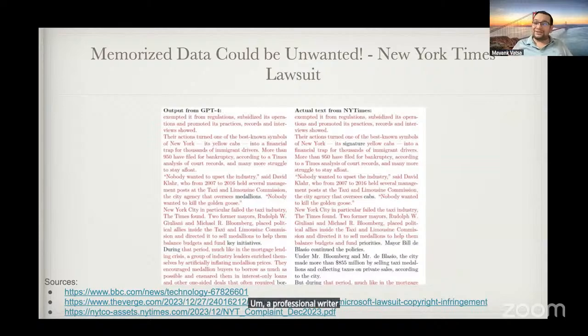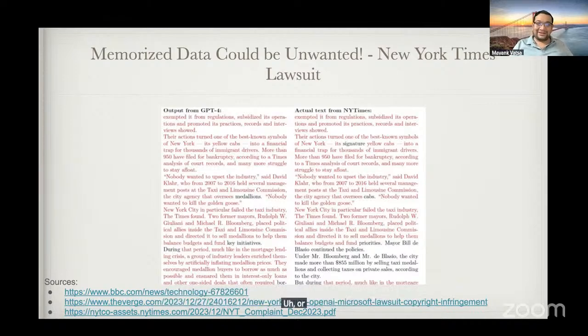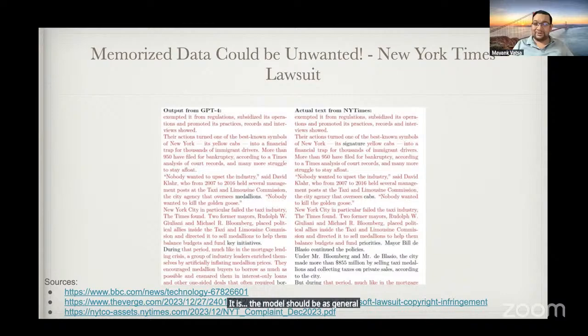If the model has only memorized, it would simply generate it and give it back to you. And then it's your responsibility that your paper has not essentially memorized data coming from some other paper, right? Therefore, this is a huge concern, and many in the research community want to ensure that the model is as generalized as possible, without just regenerating memorized data.